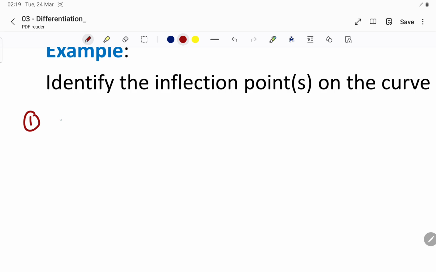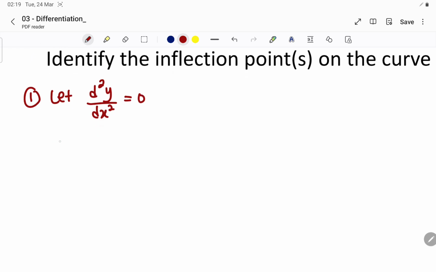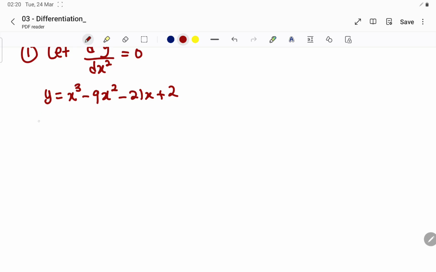To identify the point, you have to differentiate 2 times and let it equal to 0. After that, you find the differentiation first. So we have y equal to x cubed minus 9x squared minus 21x plus 2. Find dy/dx first. For x cubed, bring 3 in front, 3x to the power of 2.